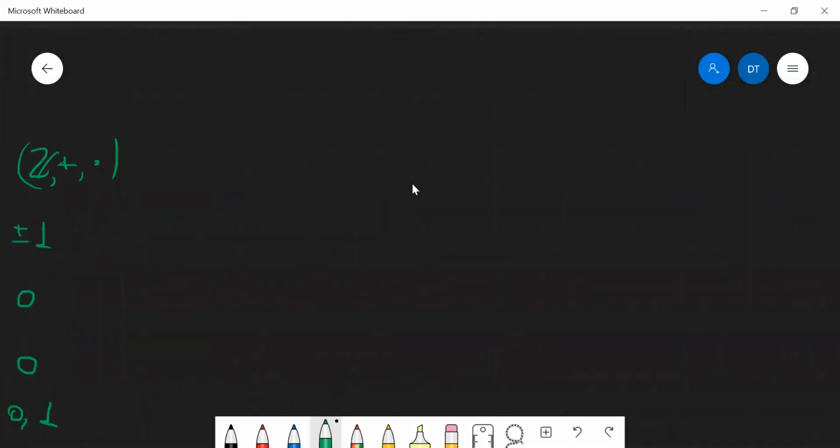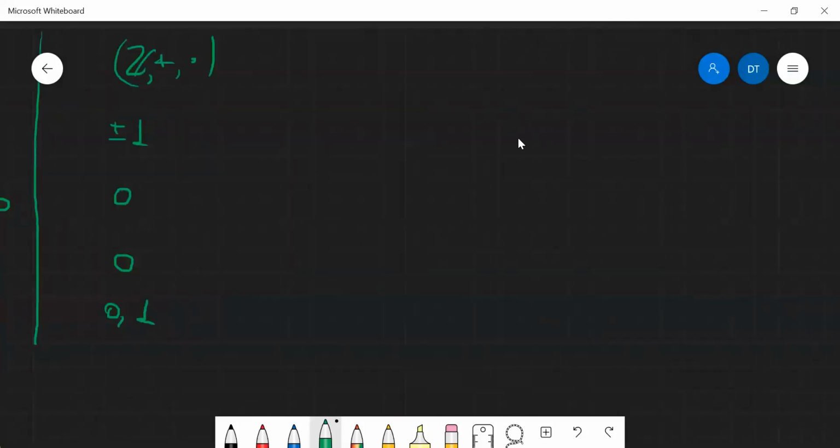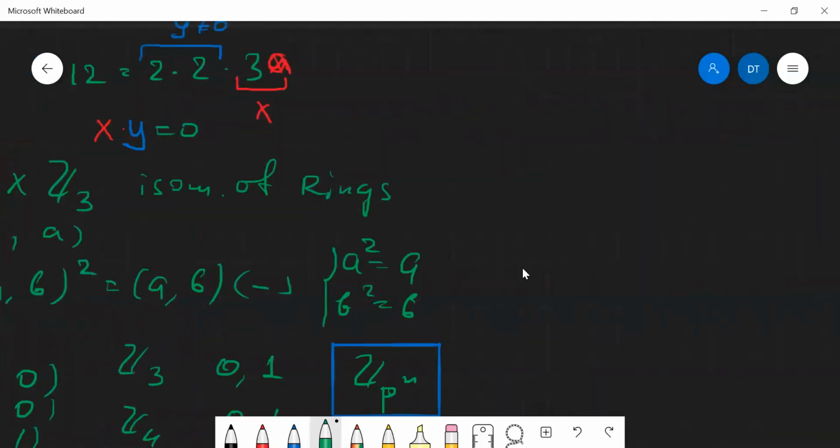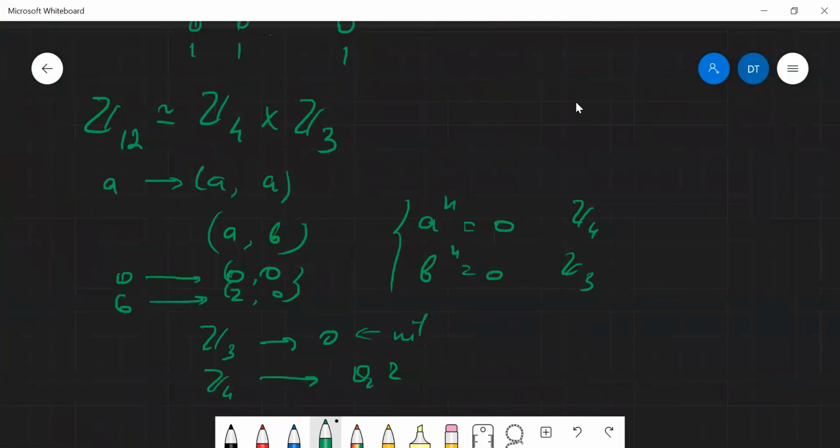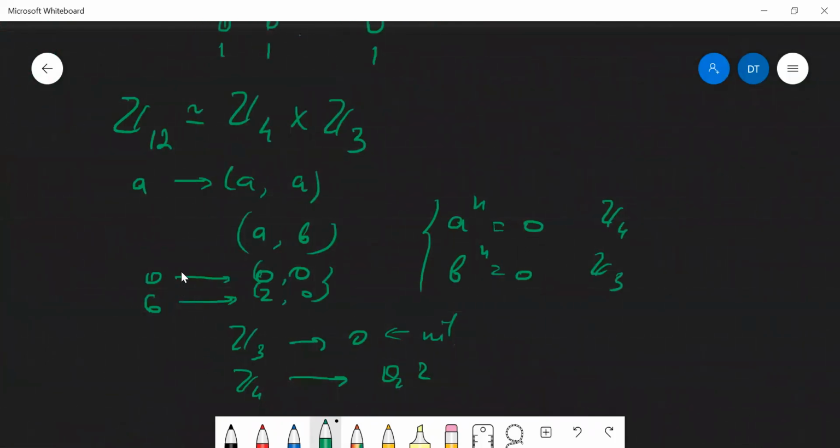So the union of these smaller groups is the set of all nilpotent elements of the greater group. Which groups? The nilpotent elements of Z4 and Z3 give the set of all nilpotent elements of Z12. Well, actually not the union, but the product. You consider all possible pairs.